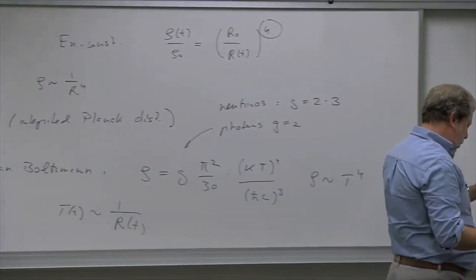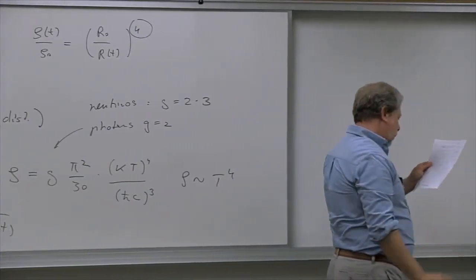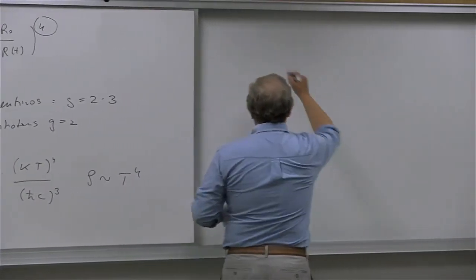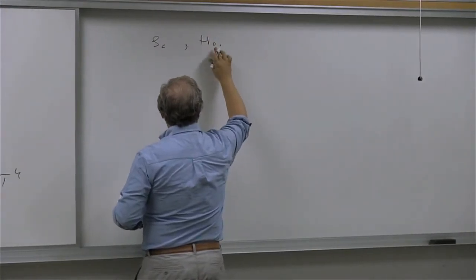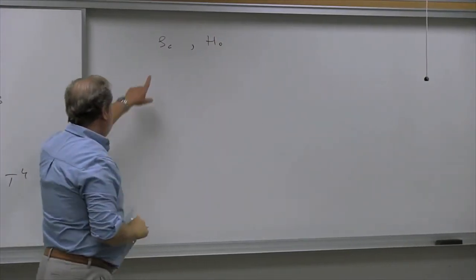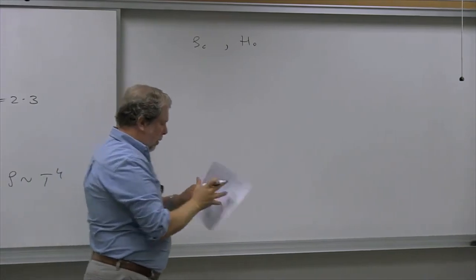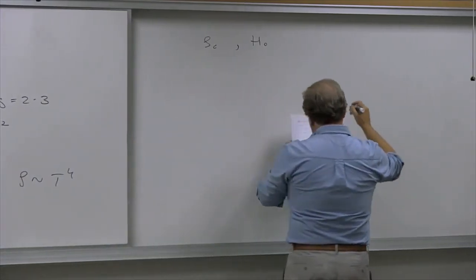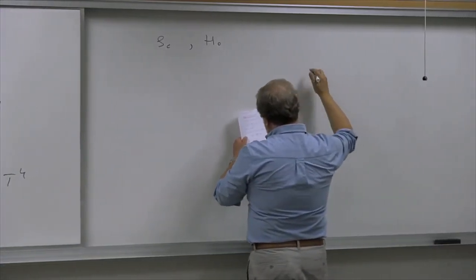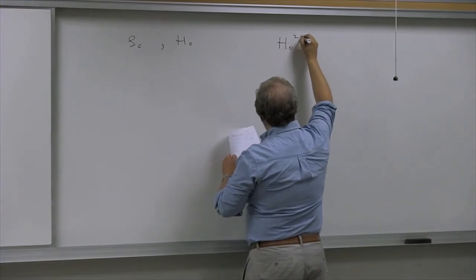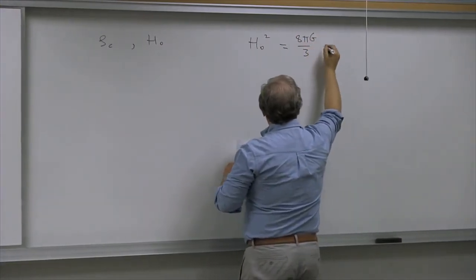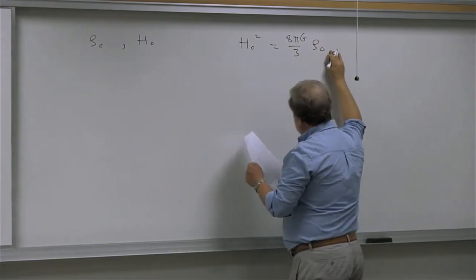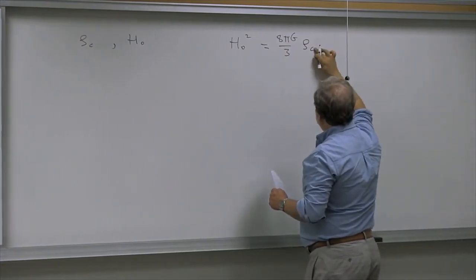We introduced this critical density. We introduced the Hubble constant, maybe today, maybe at some other time. This also depends on time. Let me rewrite what the result was: H naught squared is equal to 8 pi G divided by 3 times rho critical, today.